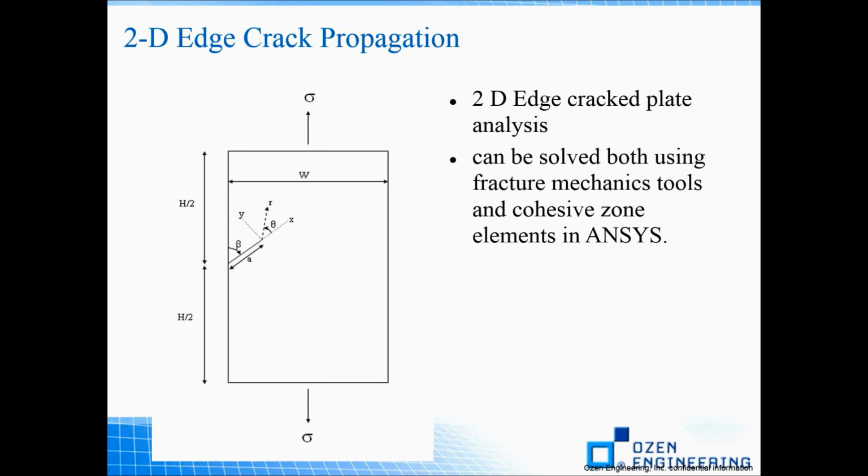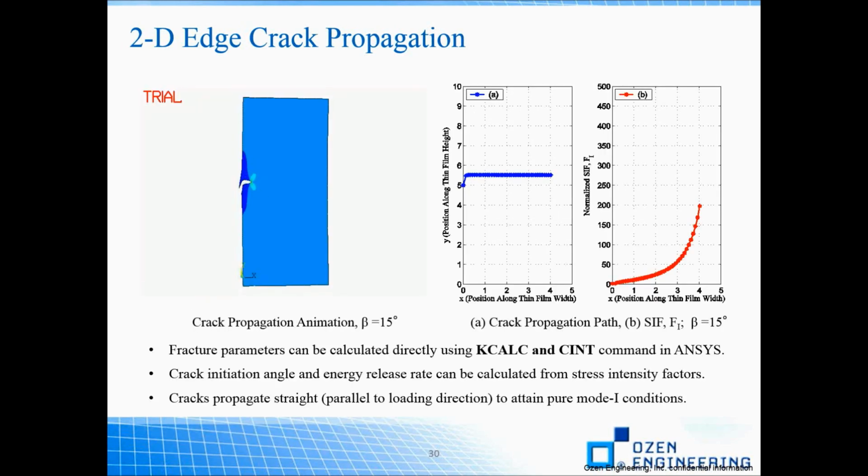It can be solved for plane stress and plane strain, where these two approaches can be employed to observe and verify analytical solutions with FEA results. And this problem can be solved using both fracture mechanics tools and cohesive zone elements in ANSYS. So here we see an animation of the case where we make the crack propagate starting from the edge.